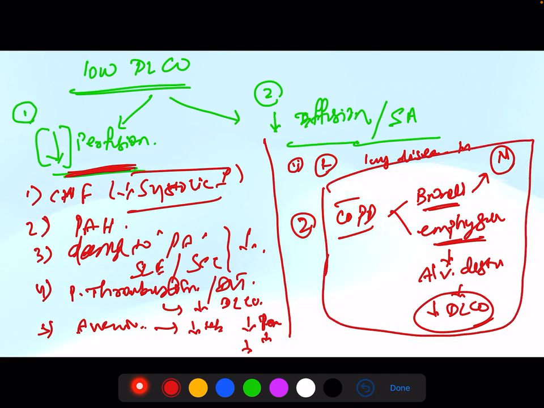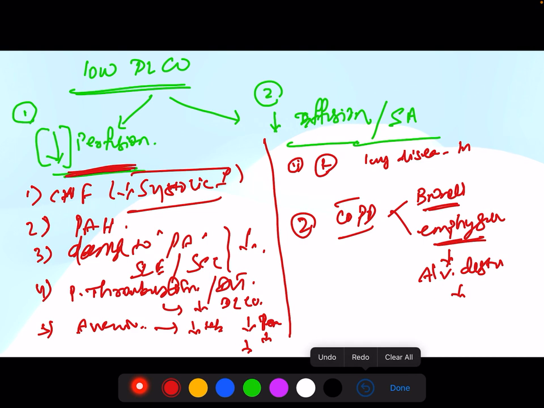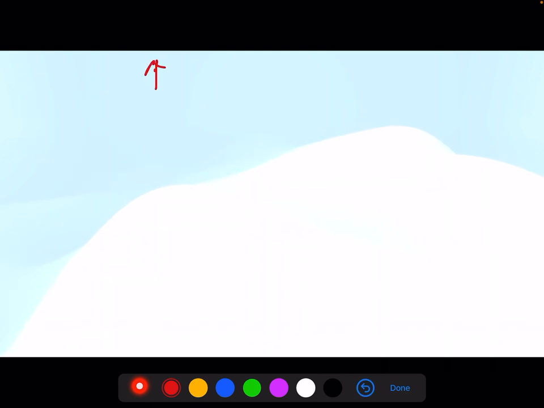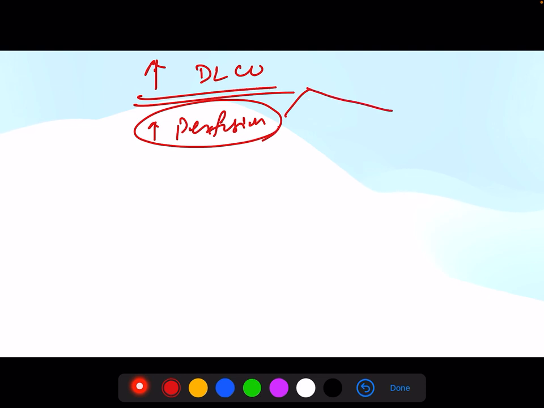Okay. So then we will switch to the various conditions affecting an increase in DLCO. So any condition which causes increase in perfusion will result in an increase in DLCO, because there is no condition which affects surface area or rise in surface area.